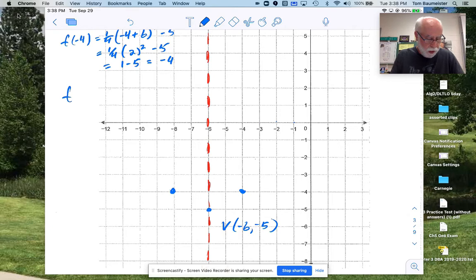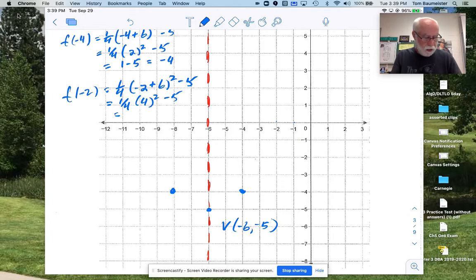So I'm going to take f of negative 2. And f of negative 2, I'm going to take 1/4 times negative 2 plus 6 squared minus 5, which will be 1/4 of 4 squared minus 5, which is 1/4 of 16. 1/4 of 16 is 4. 4 minus 5, that will give us negative 1.